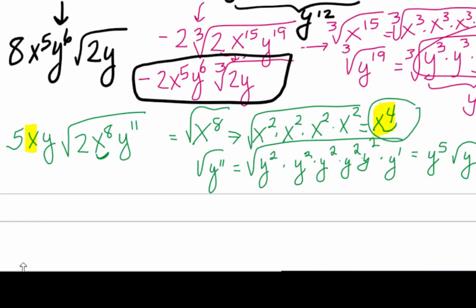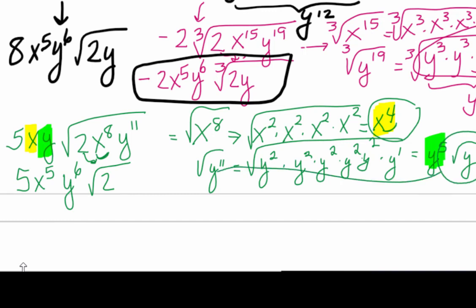Okay, and then we're going to take the y to the 5th, and it gets multiplied times that y. The 5 is still there, so we have x to the 5th and y to the 6th, square root, the 2 is still there, and then remember the extra y we had here? That goes there.